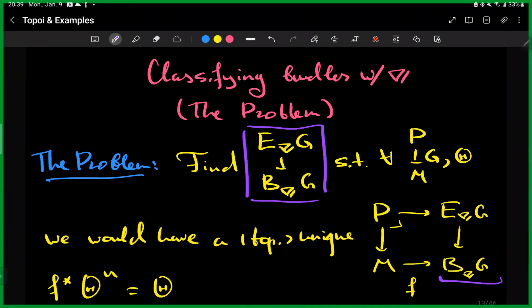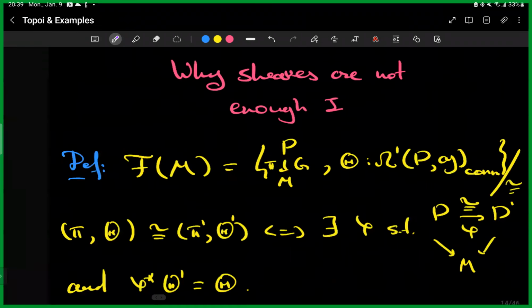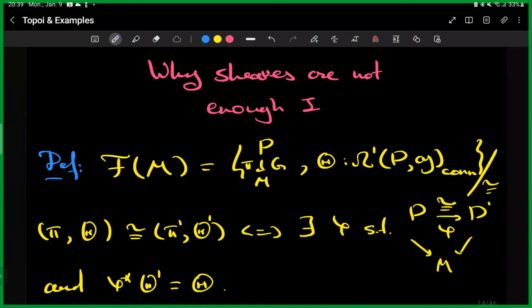So that's the problem, and it seems like a logical extension of the usual problem of classifying principal bundles. Okay, so let's think. What would be the problem if we just try to use sheaves? Well, we can try the naive approach.